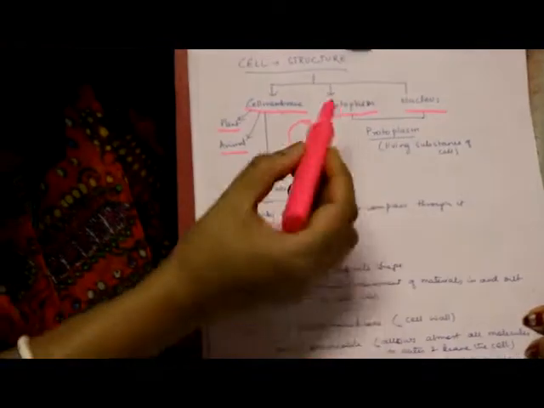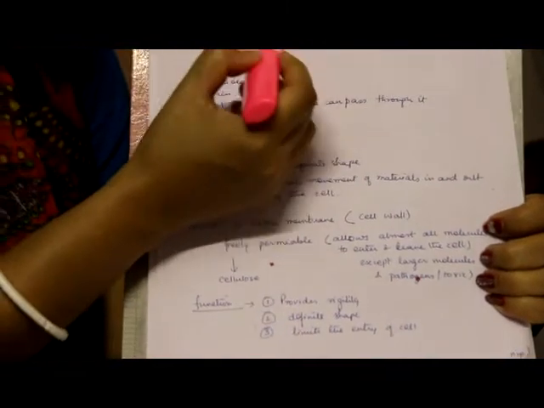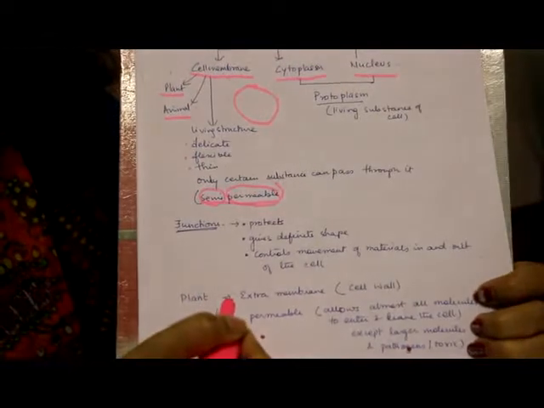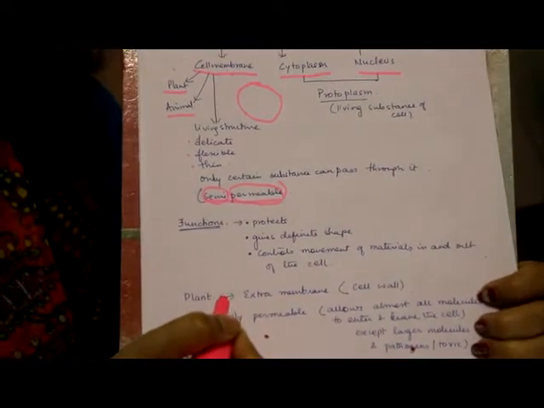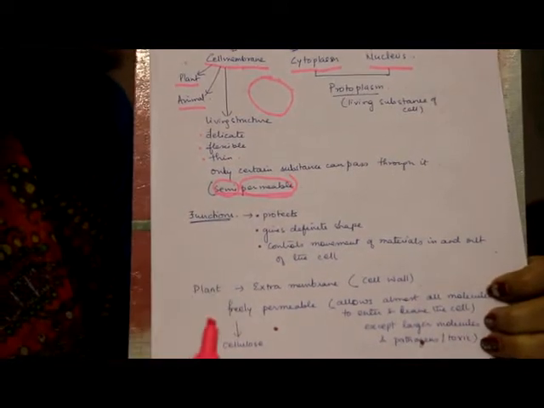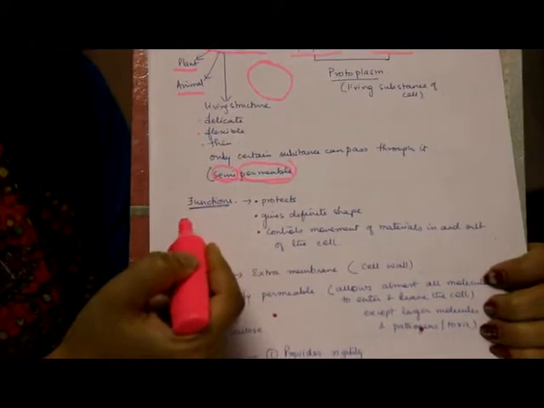Next we come to the protective layer. What is the function of this membrane? As we know, it is a fencing. Why do we give a fencing in our home? Because we are protecting our home from the enemy. In the same manner, the cell membrane acts as a protective layer.